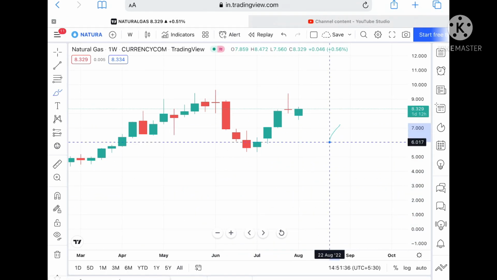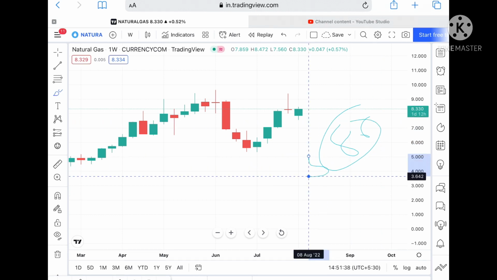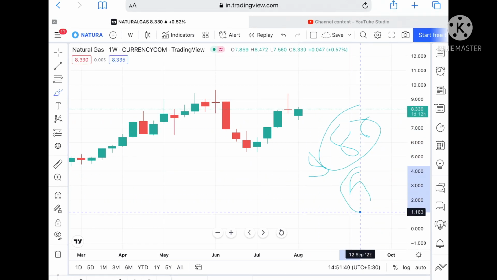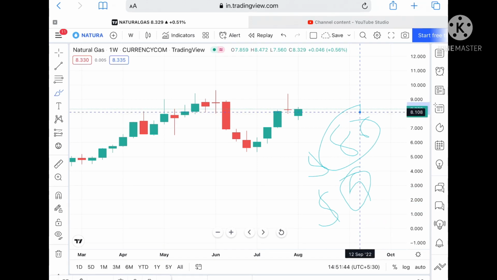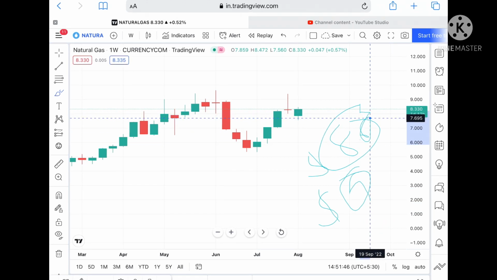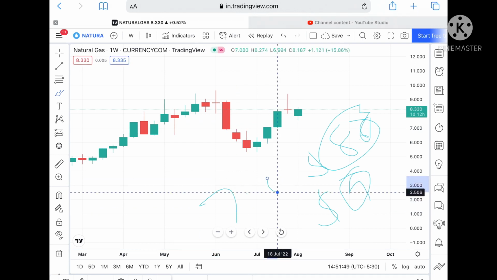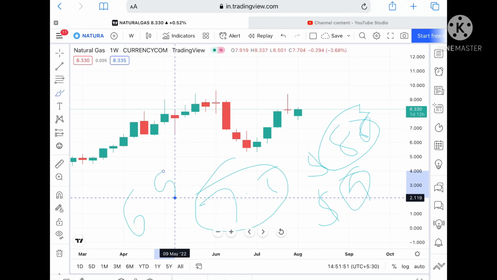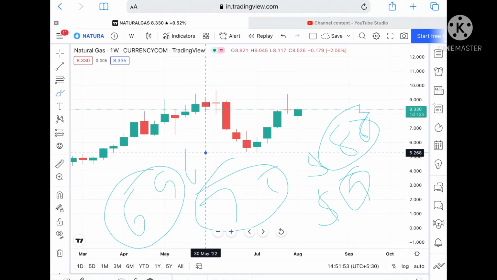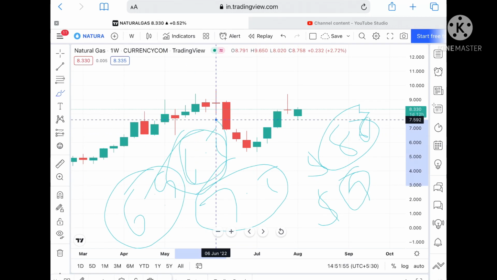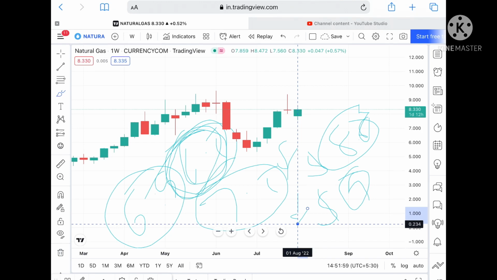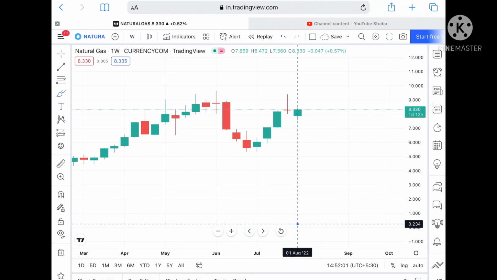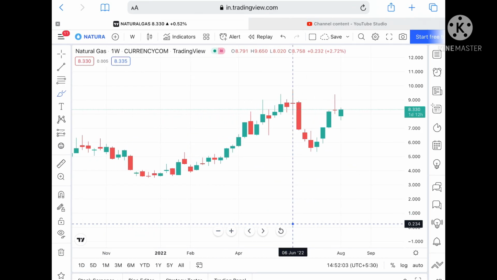Keep this in mind, if the price goes above a level of $8.6 and sustains, the probability of moving further upside towards $9 is very high. If it goes below a level of $7.5, we can see a level of $6.9, and from there a level of $6.5. Once it goes below $6.5, we can see it move further down. Now you understand something. Any doubt regarding this, you can mail me.